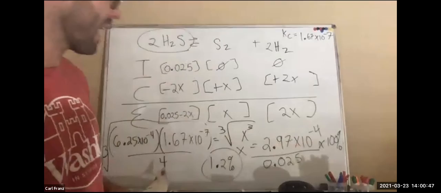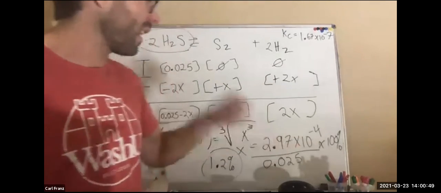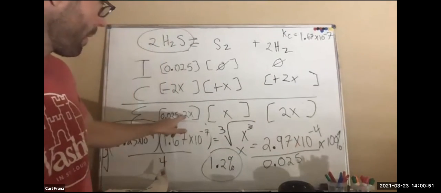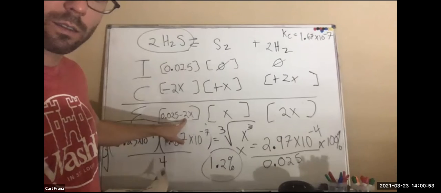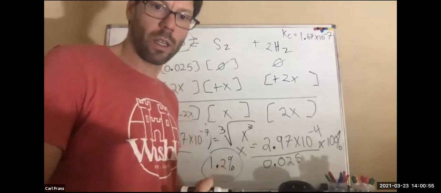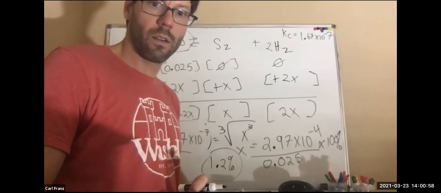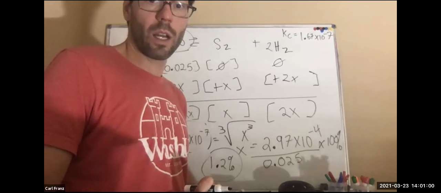So then we put in that number, that 2.97 times 10 to the negative 4, in for x. And what are they asking us for? Again, they ask us to solve for the equilibrium concentrations.